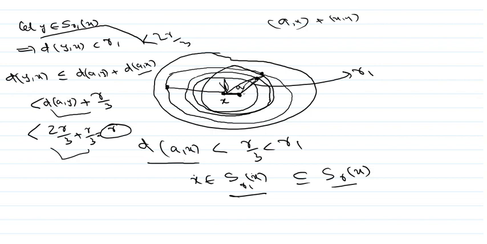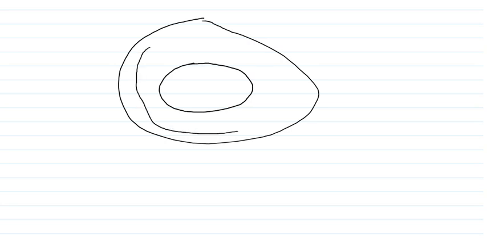So let me see it again. This is the bigger sphere. This is the 1/3 and this is 2/3. This is point x here and this is a point A. So we have chosen a point in SR1A, in SR1A we chose.